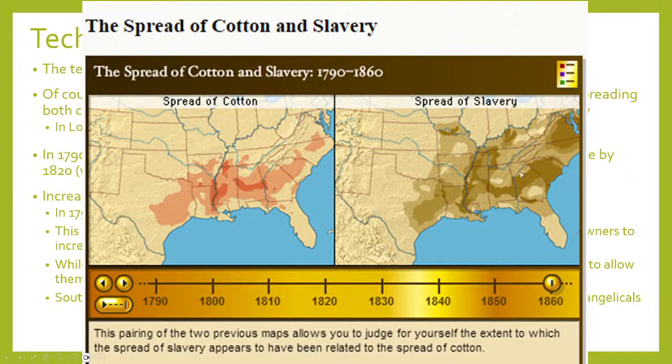And then the final map was the voting district map for Alabama. And as red as Alabama is, this section right here, this little belt, tends to vote a bit more blue.